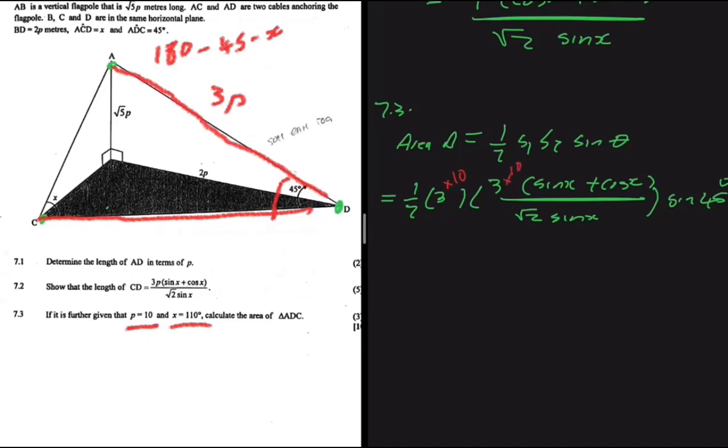Instead of sine x and cos x, I'm just going to have sine of 110 plus cos of 110 divided by sine of 110, right? And then if you put this in your calculator, you should get 143.11 units squared.